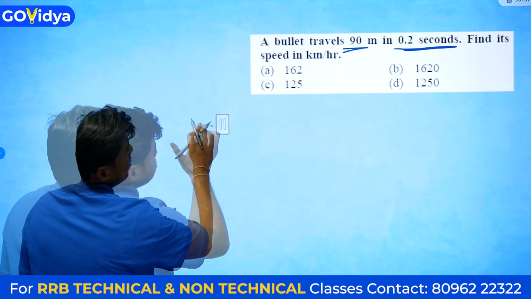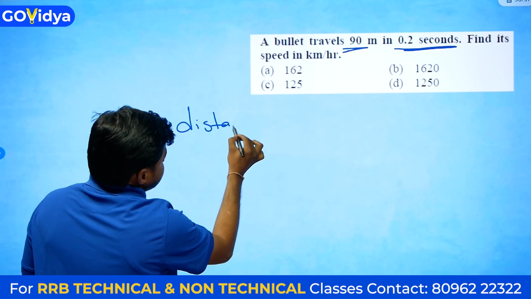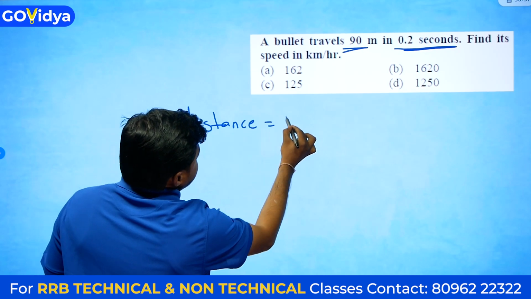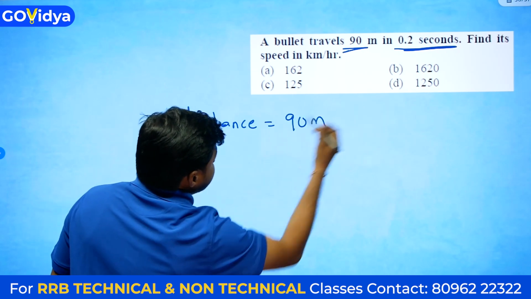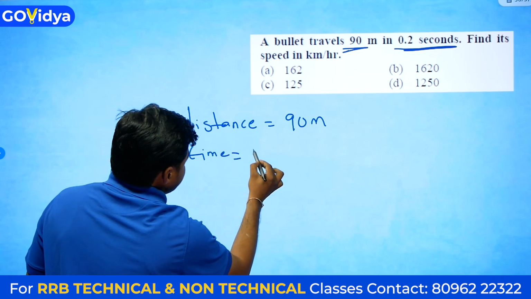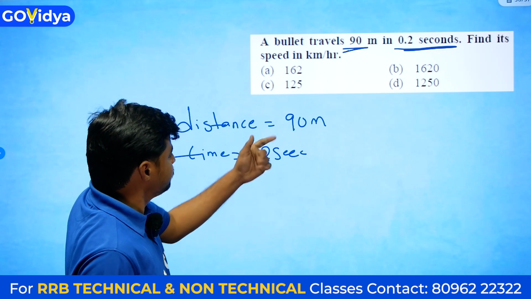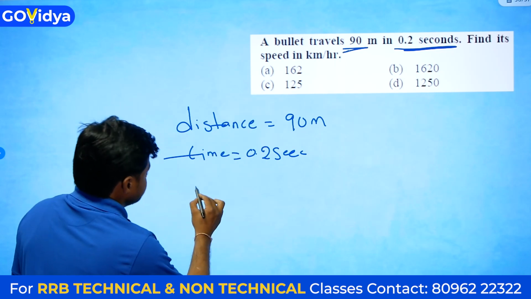Okay, distance given, distance is equal to 90 meters and the time is given, time is equal to 0.2 seconds. Okay, we have to find speed.